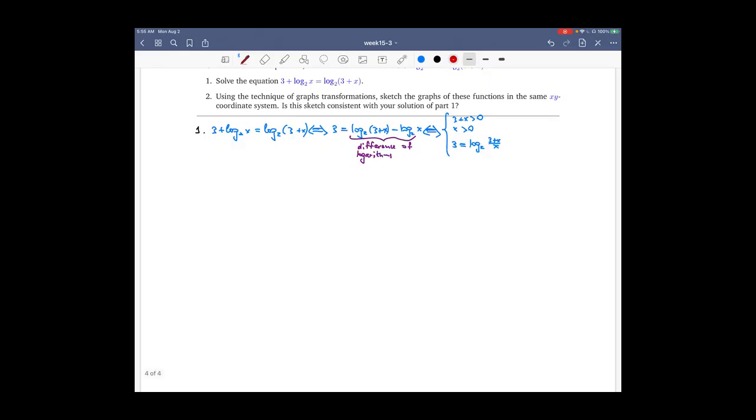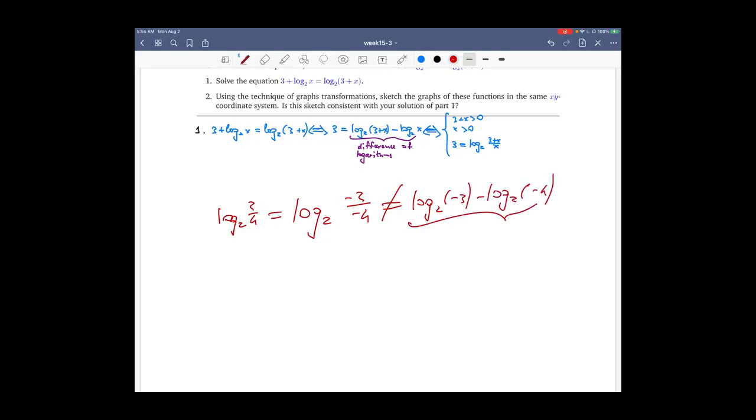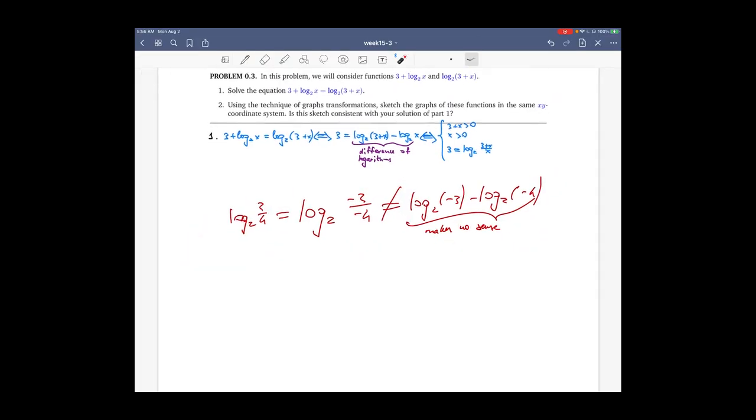There's nothing wrong in the expression log base 2 of negative 3 over negative 4, because that's really log base 2 of 3/4. But you can't write that this will be log base 2 of negative 3 minus log base 2 of negative 4, because this doesn't make sense. So when you apply rules of logarithms, you always have to make sure the expressions involved actually make sense.